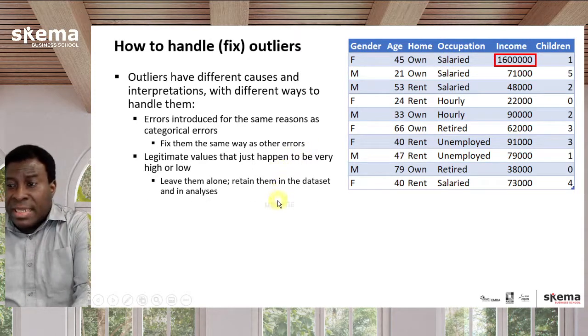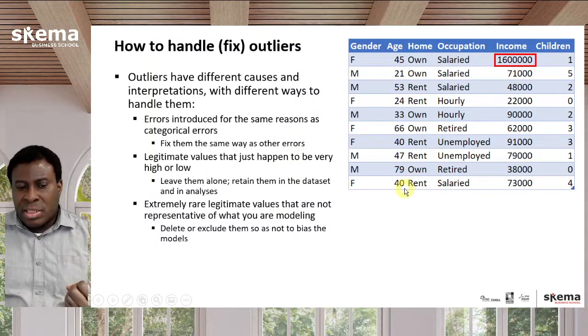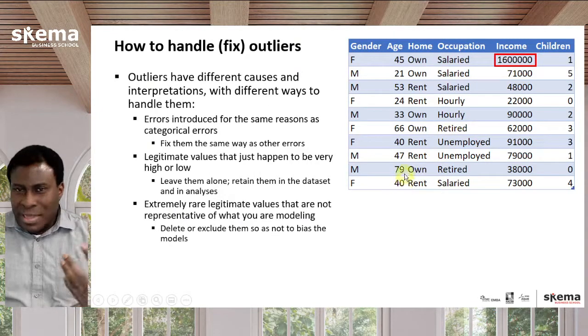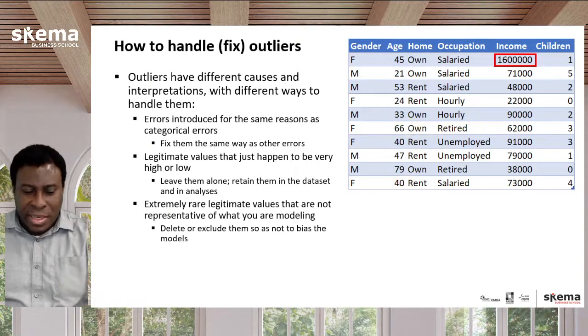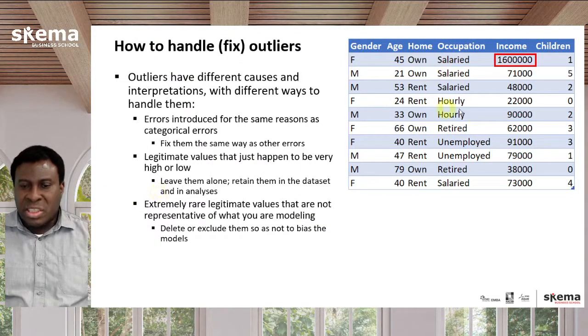However, sometimes even if it is a true value, it's not an error, but it's extremely rare and it's not really representative of the majority of the database. So, for example, the average income in this data set, if you exclude this millionaire here, let's assume it's a legitimate millionaire, is around 64,000 euros per year for family income.